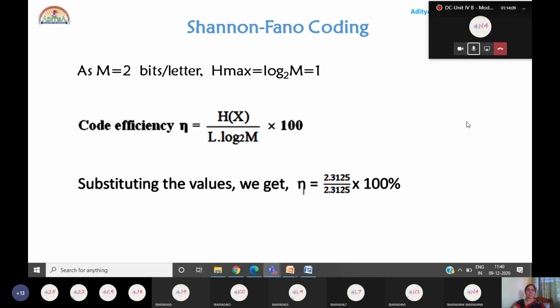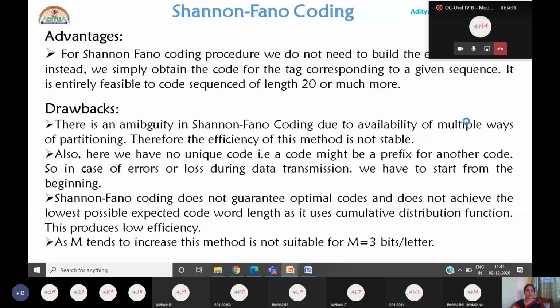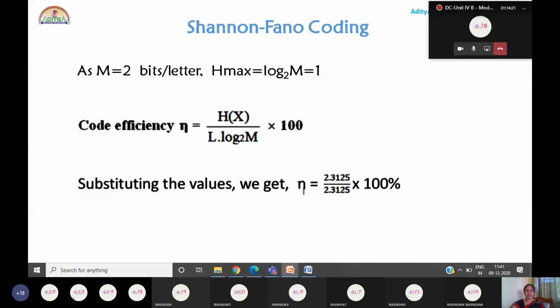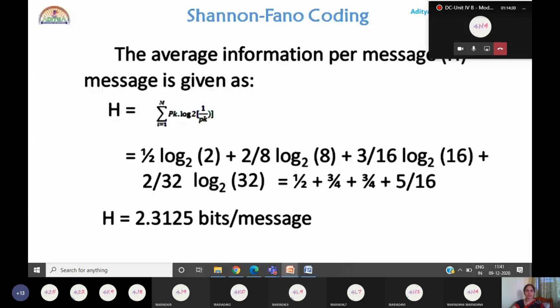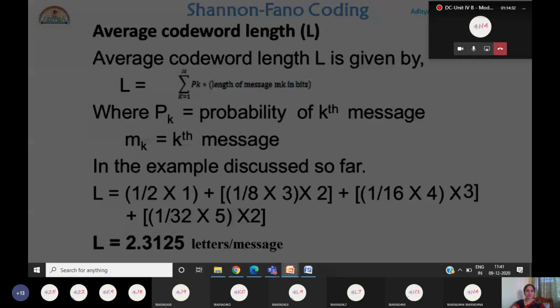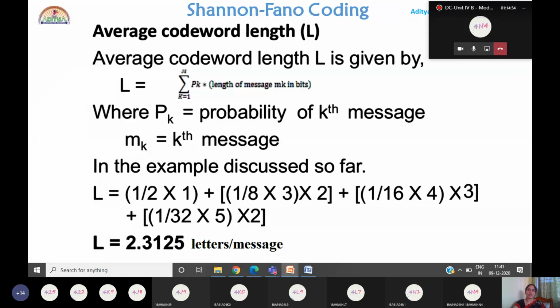Did you get it as 100%? I request all the other students to please solve the same example.